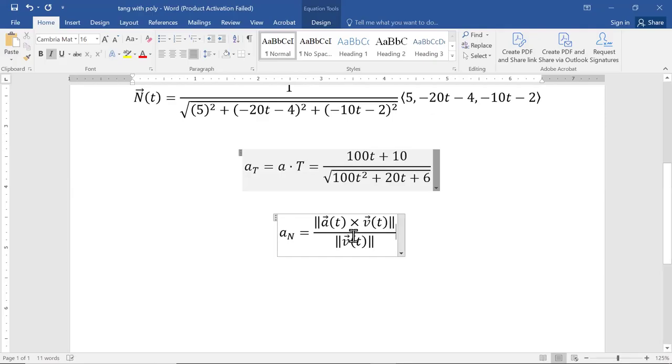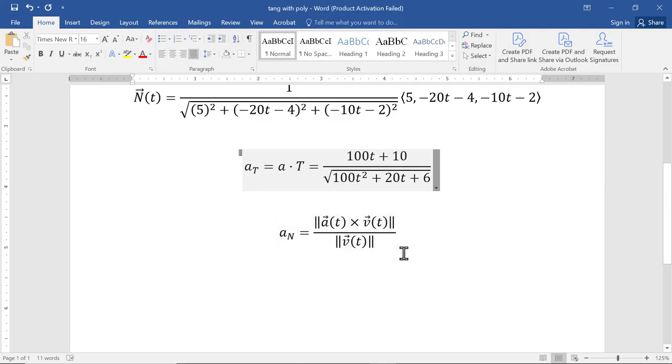So that leaves me with this. My a sub n can be found by using the cross product of the acceleration and velocity vectors divided by the magnitude of the velocity vector. You can also say that's the speed.